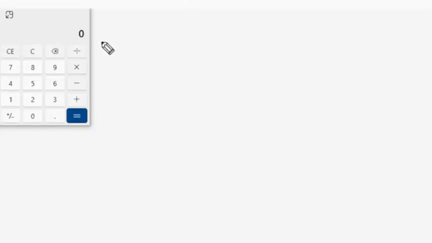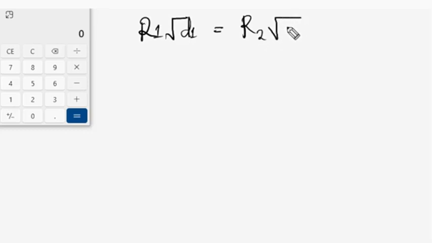So over here, let's make use of the formula R1 root D1 will be R2 root D2.